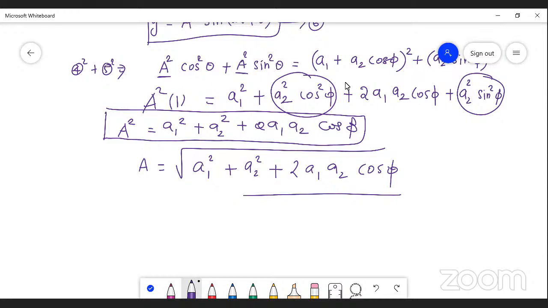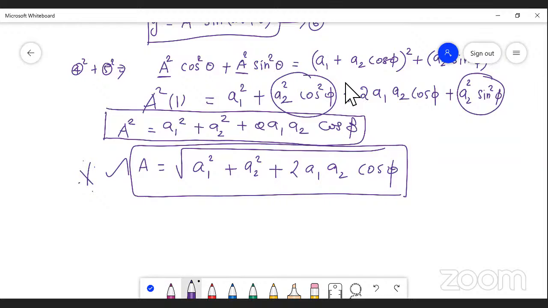This is the amplitude of the resultant, a very important equation. Just note it: in interference, the amplitude of the resultant is A equal to the square root of A1 square plus A2 square plus 2A1 A2 cos phi. A square is equal to A1 square plus A2 square plus 2A1 A2 cos phi.